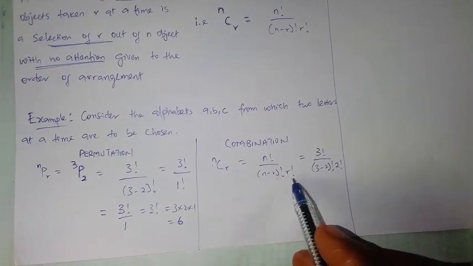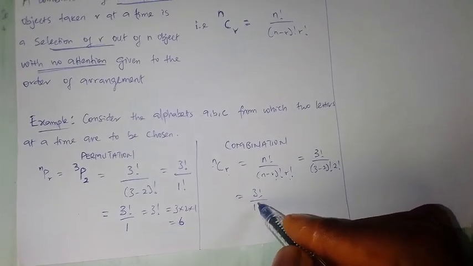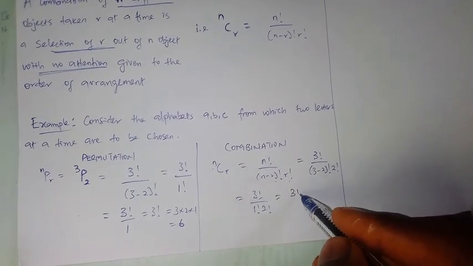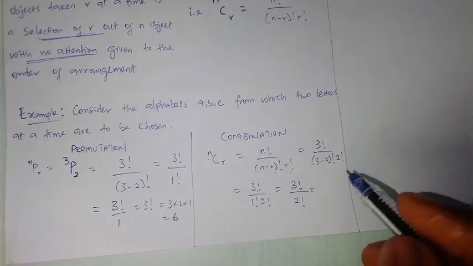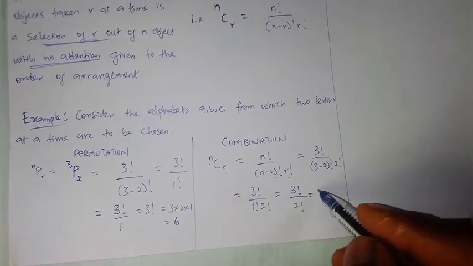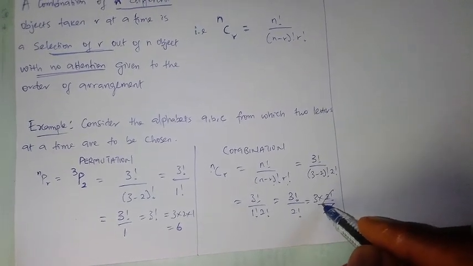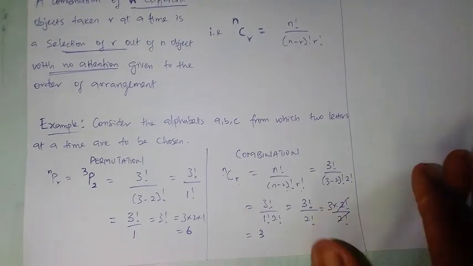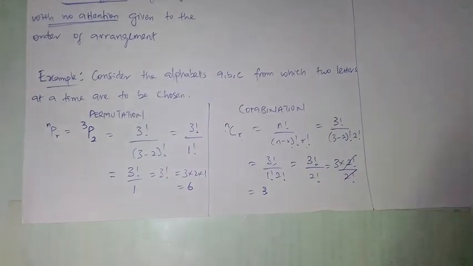So 3 minus 2 is 1. This becomes 3 factorial over 1 factorial, 2 factorial. Remember 1 factorial is 1. So I'm left with 3 factorial over 2 factorial. Now 2 factorial is 2 times 1, or I can say 3 times 2 factorial over 2 factorial, where these cancel themselves. My answer is 3. It means for the combination of these 3 alphabets, selecting 2 at a time, I will have only 3 word arrangements.